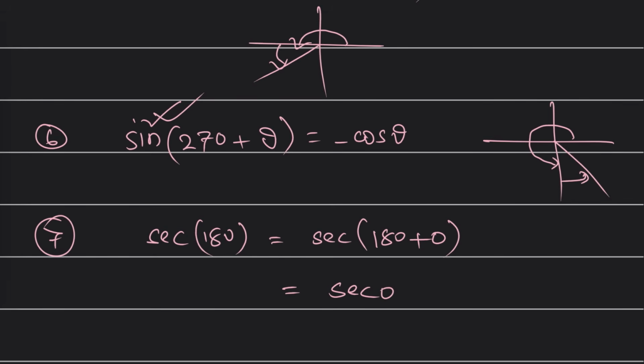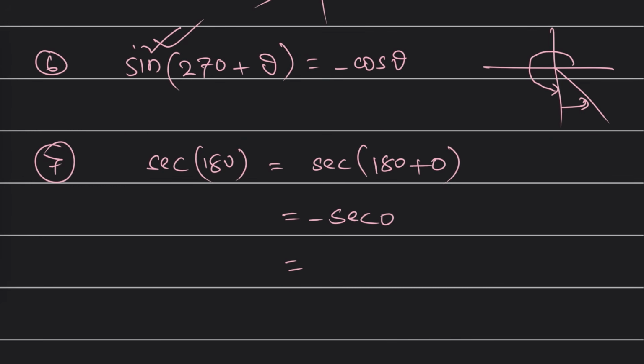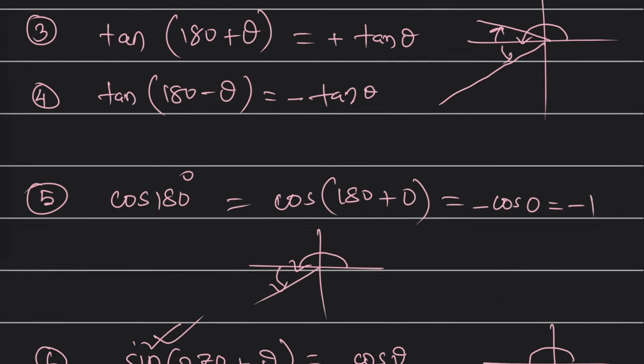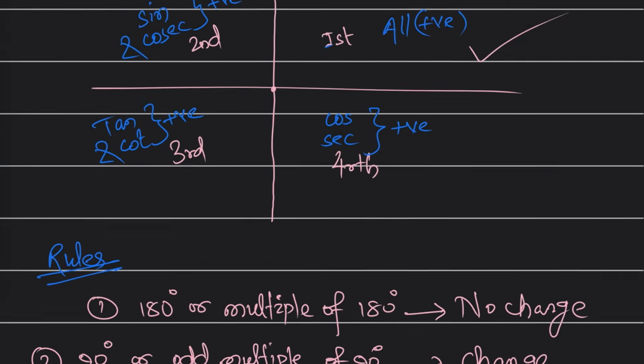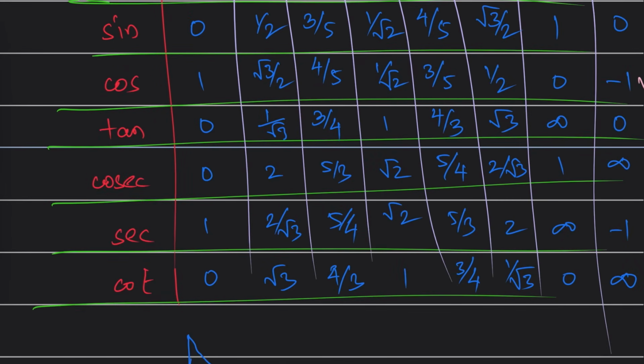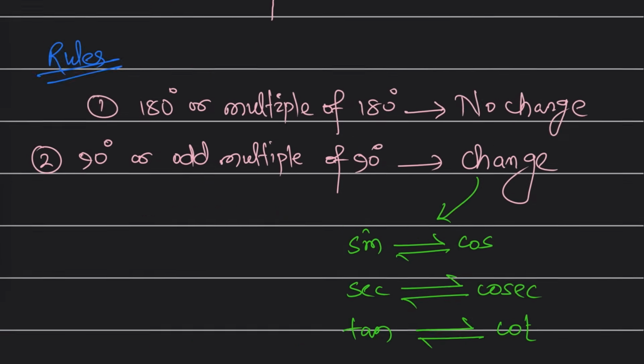Quadrant is third quadrant, sec is negative, so minus sec 0 is what, sir? It is inverse of cos, so cos 0 is 1, so sec 0 is also 1, so minus 1. So sec 180 is minus 1. So is it? Let me check. Sec 180 minus 1. So you understood it, right?